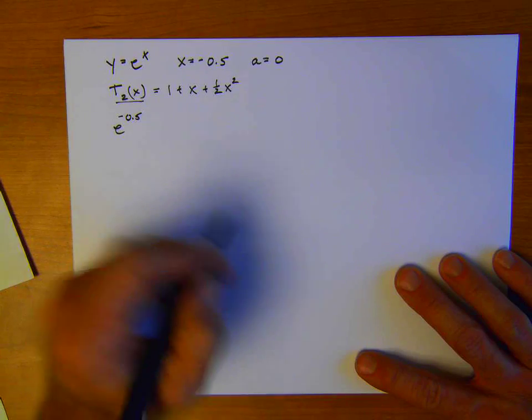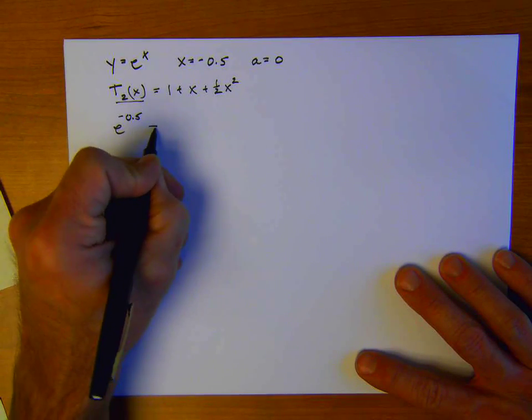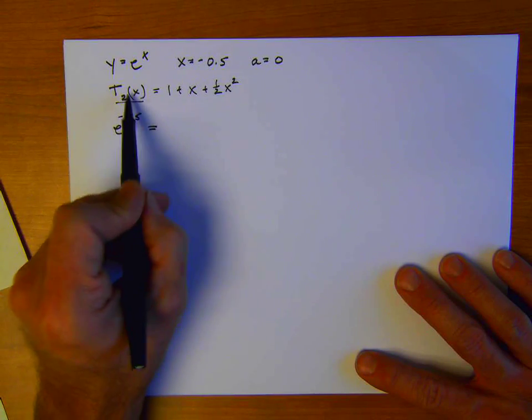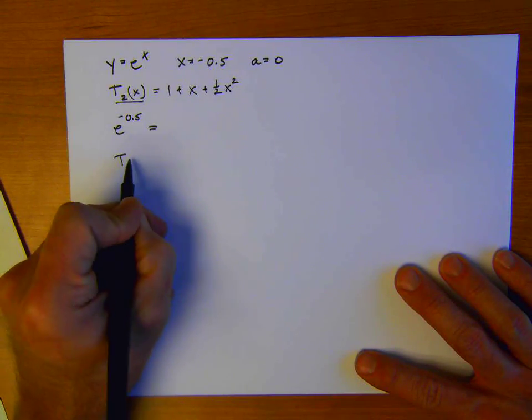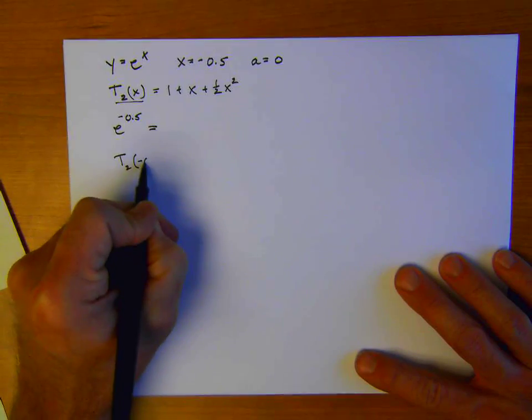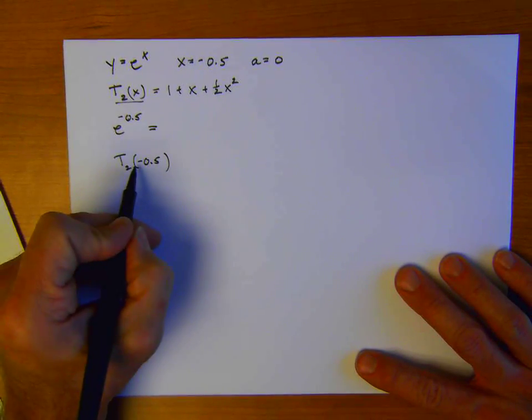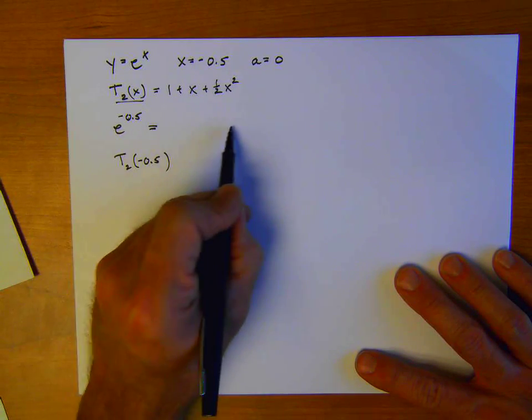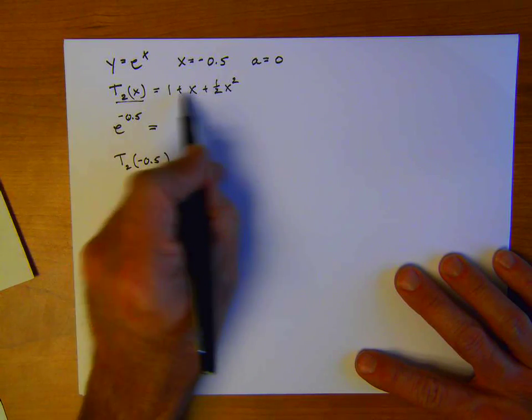So the first thing is to just plug this into our calculator, because in order to find the error, ultimately I'm going to do T2 of negative 0.5. I'm going to do both of these, and then I'll find the absolute value of the difference. This is the exact value. This is our approximation using the second degree Taylor polynomial.